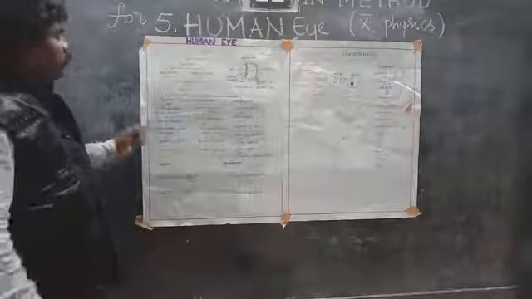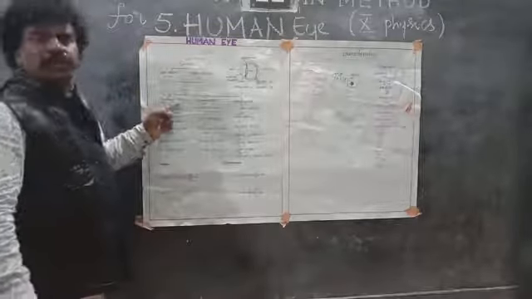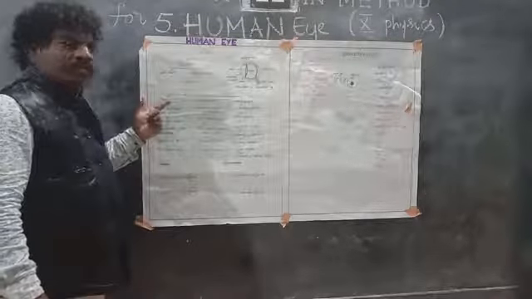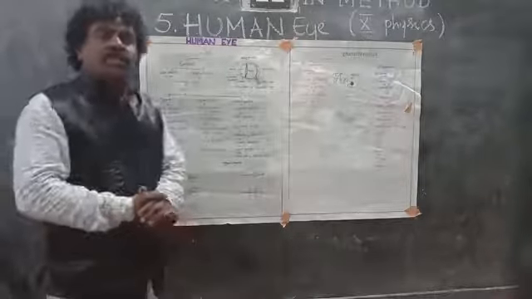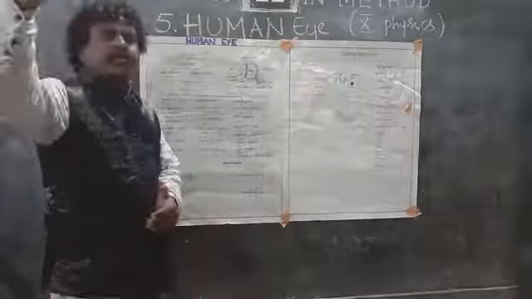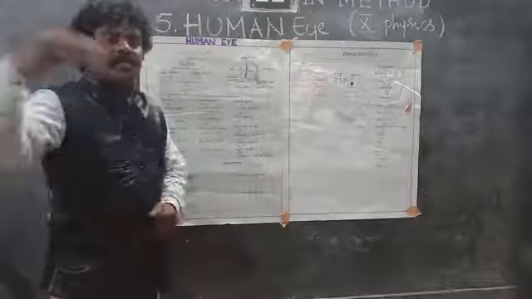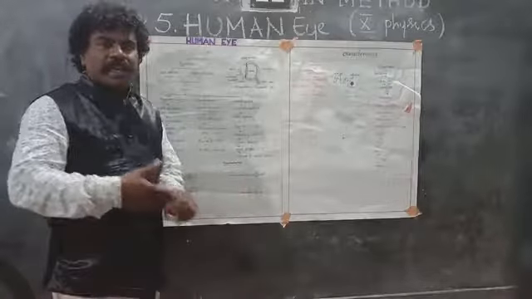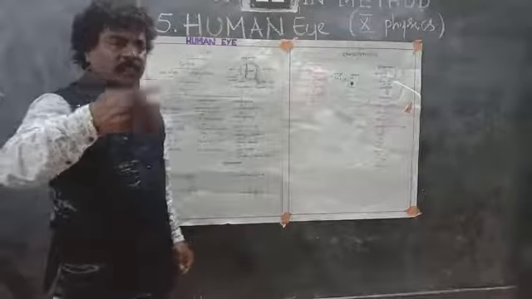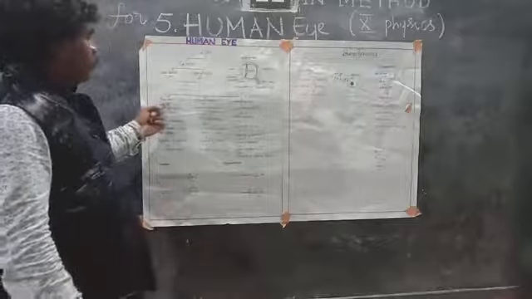The defects: myopia, that means a distance problem. Some people are unable to see very long-distance objects, and some other people are unable to see very near objects. That is the problem of myopia.